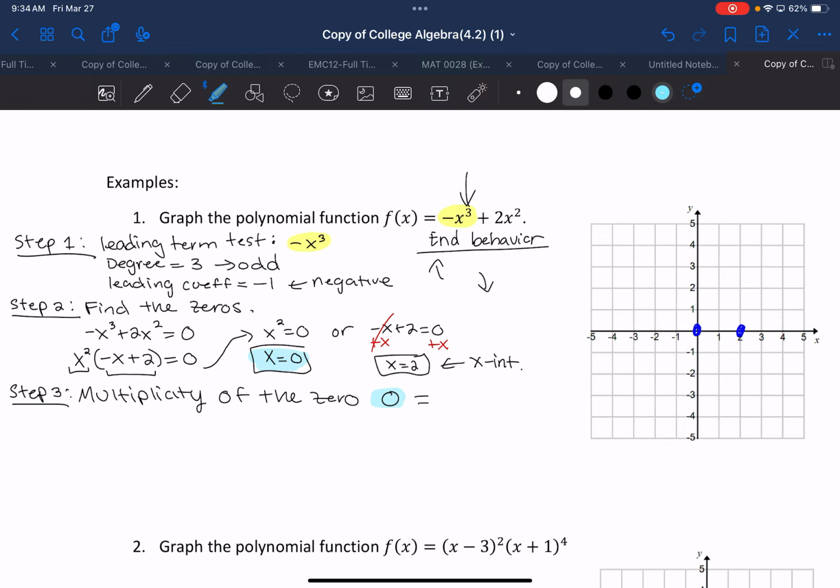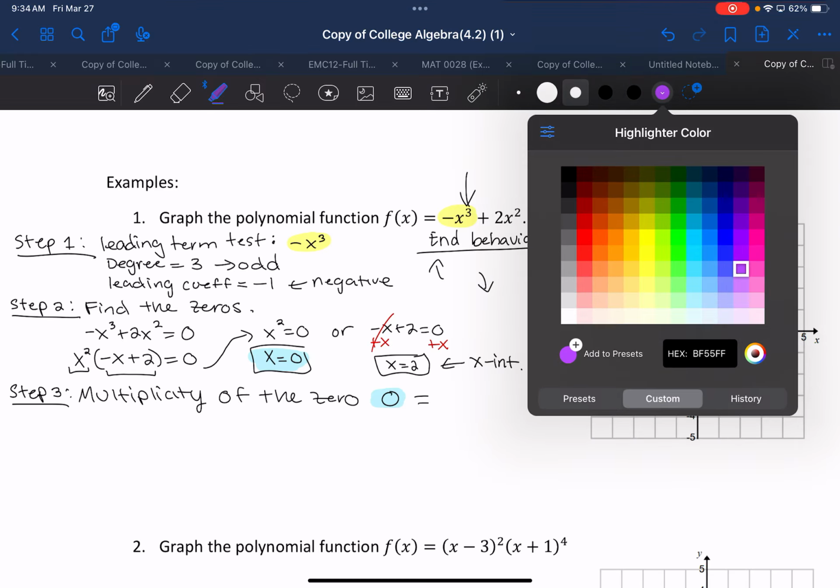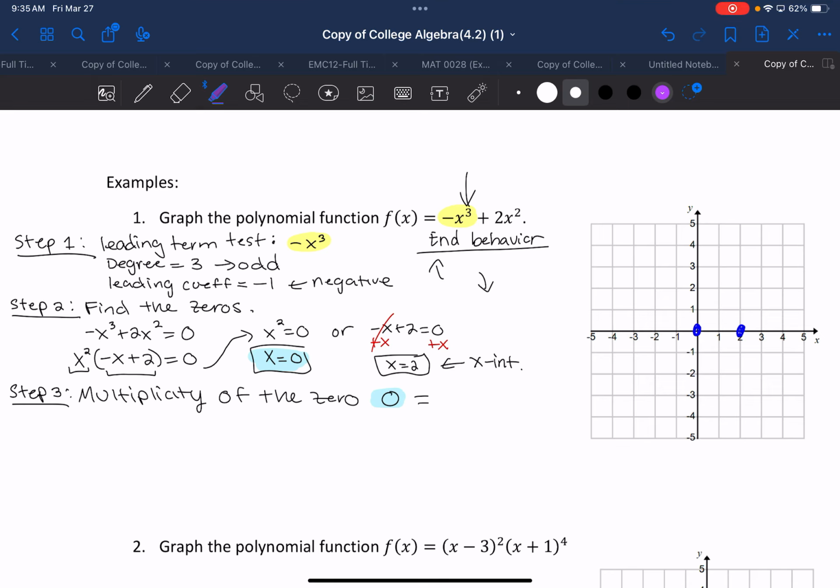To figure out its multiplicity, I look at the exponent of the factor where that 0 came from. It came from this x squared, right? That's where that 0 came from. So that exponent on that factor is 2. So the multiplicity is 2.